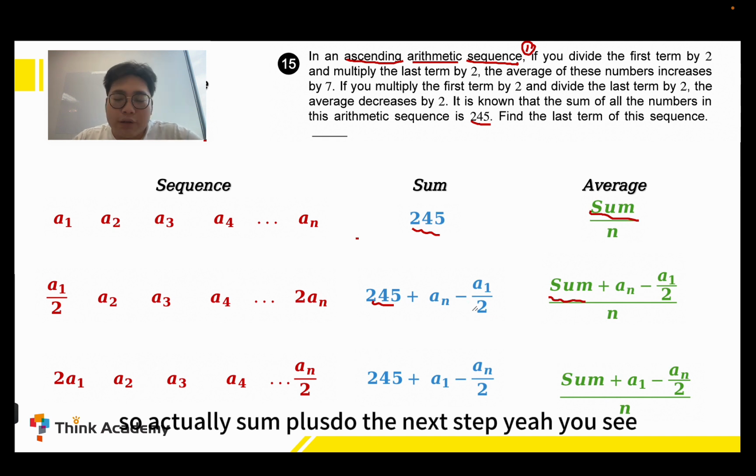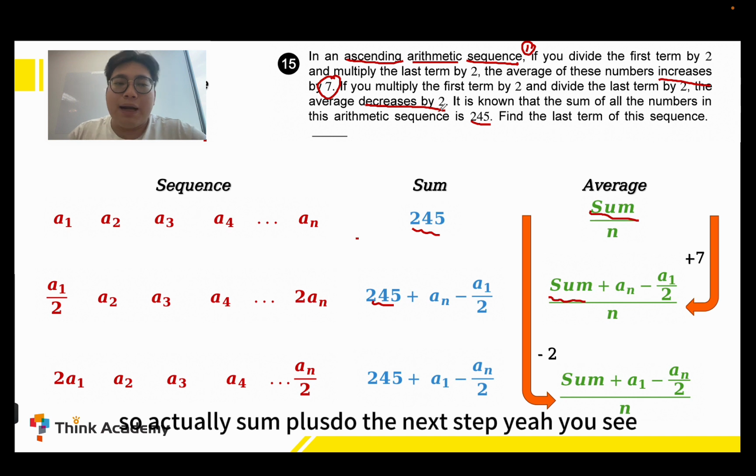So do we know how the average changes? At first, from this to this, the average increases by 7. And from the first to the third situation, the average decreases by 2. Here plus 7 and here minus 2.